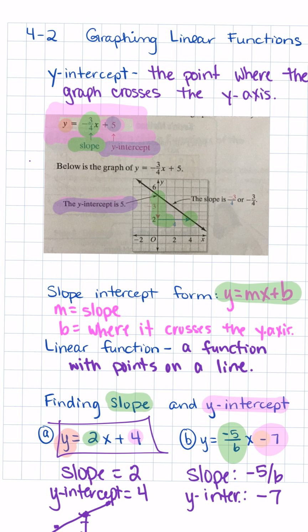So let's check out Kevin's way. So if we did, erase these here. Okay, so if we made a chart and we're going to do X and Y, X equals 0. So if we plug 0 in here, then Y is going to equal negative 2.